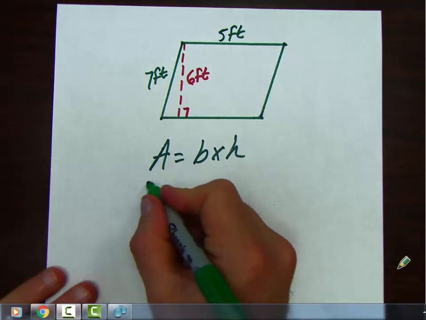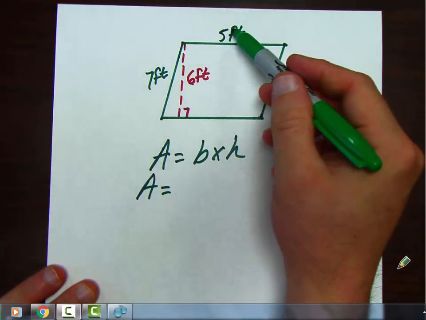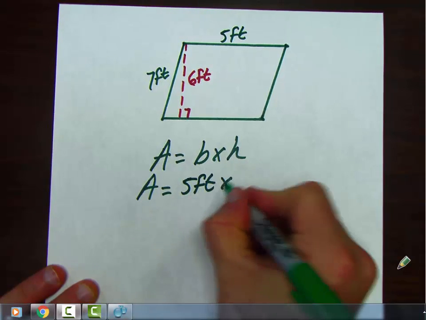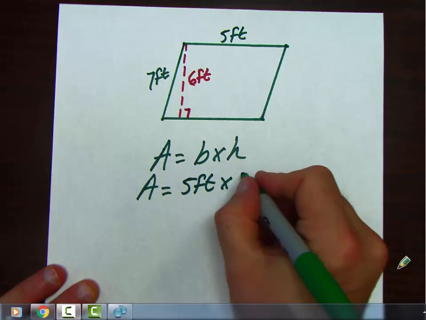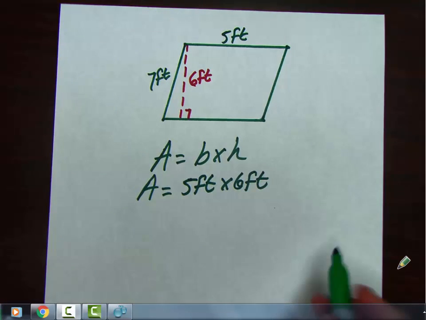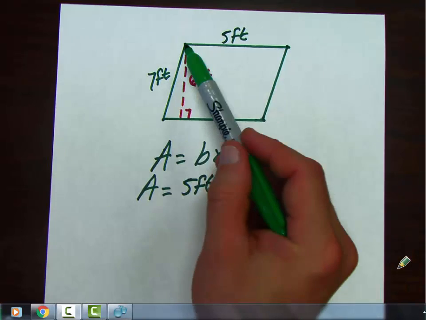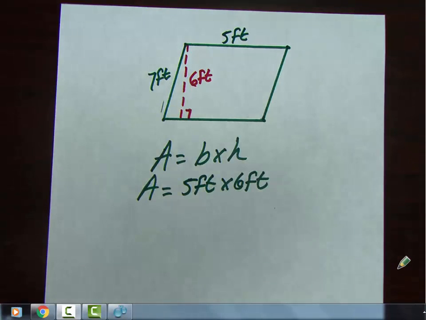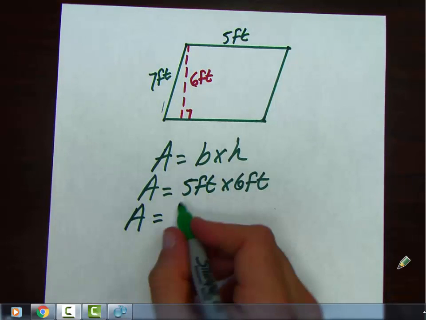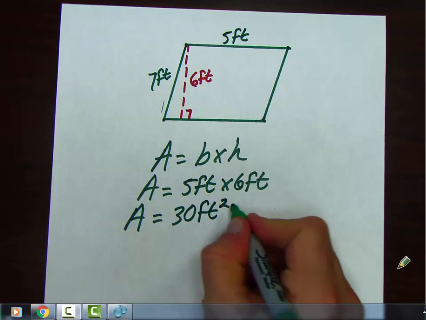So area equals, my base is 5 feet times my height of 6 feet. And as you can see, I'm not using the 7 that's on this sort of diagonal side. And then my area equals 5 times 6 is 30. And I get feet squared.